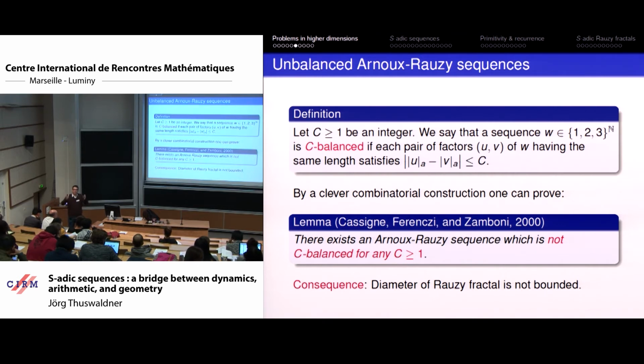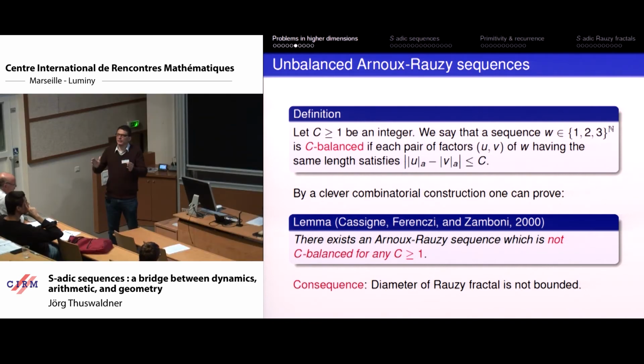If you have 2 factors, each letter occurs roughly the same number of times. And this property entails that your Rauzy fractal is compact. This is equivalent, you can prove.